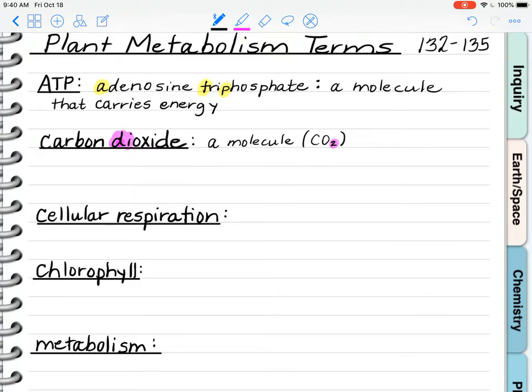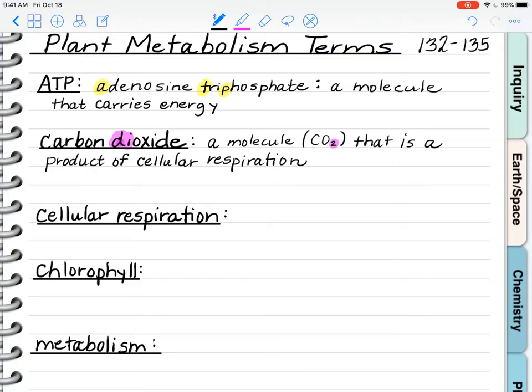A molecule that is a product of cellular, relating to the cells, respiration. You can think of that as cell breathing. And a reactant, that's on the left side of a chemical formula, in photosynthesis. So it's needed for photosynthesis, and it's a byproduct of breathing.